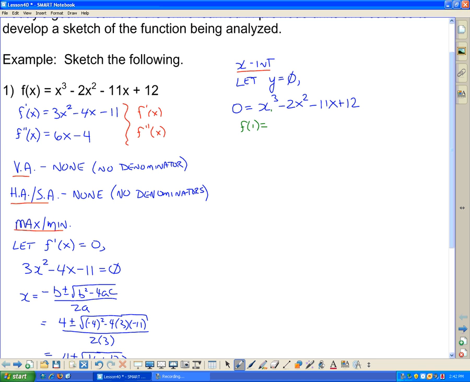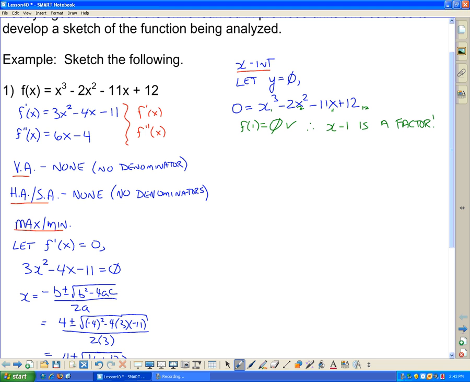So I would have 1 take away 2, take away 11, plus 12. Sorry, there should be a 2 there. 1 take away 2 is -1. Take away 11 more is -12, plus 12 is 0. So therefore, x minus 1 is a factor.